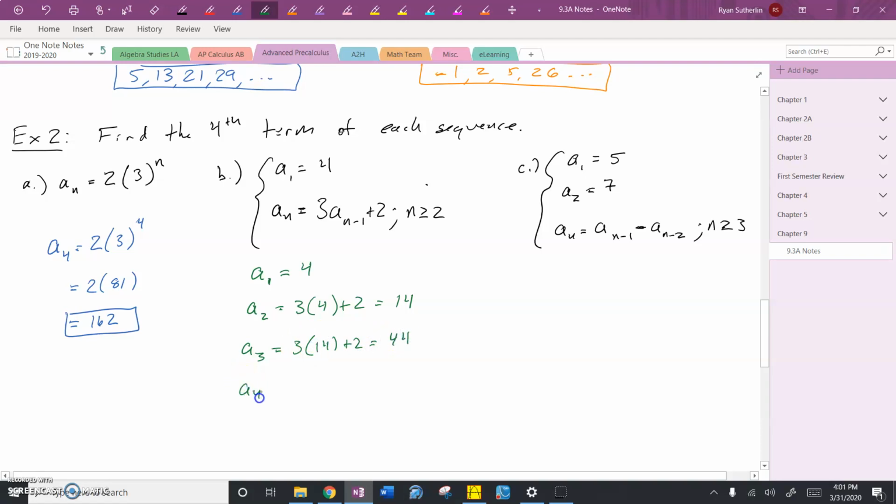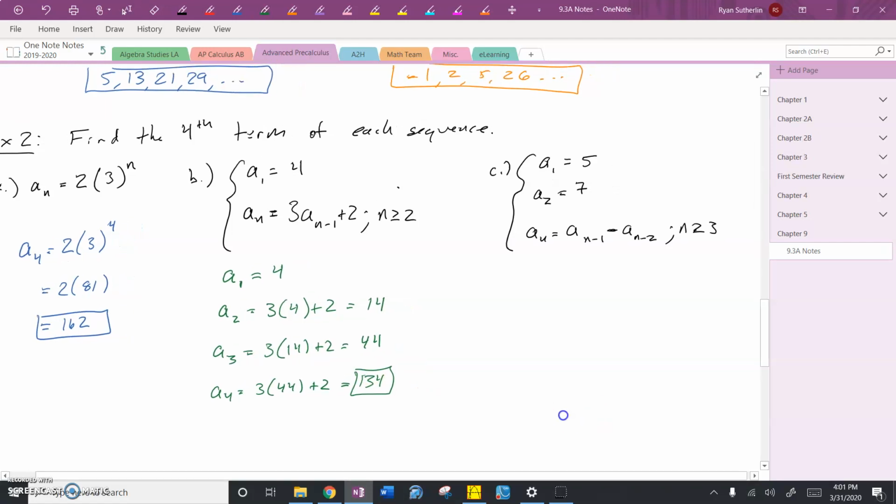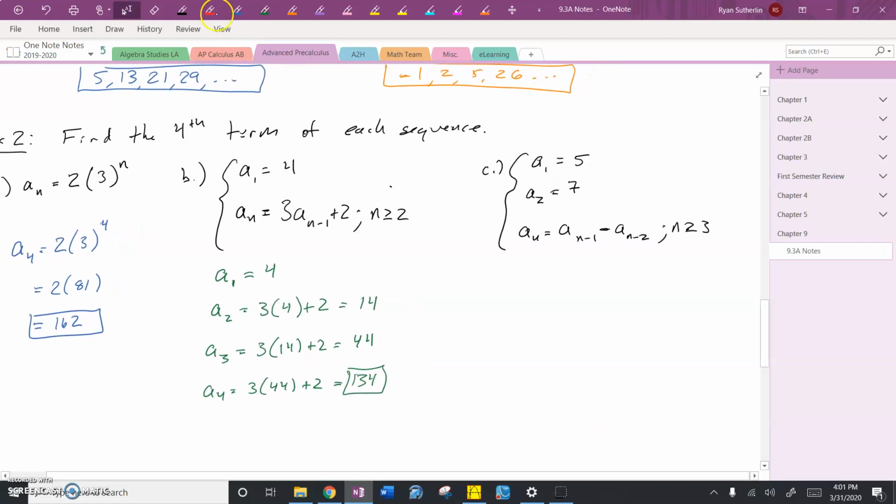And then to find the fourth term, I'm going to do 3 times 44 plus 2, which ends up being 134. So if it's a recursive formula, I have to use every previous step. Part C. Now let's take a look at this one.